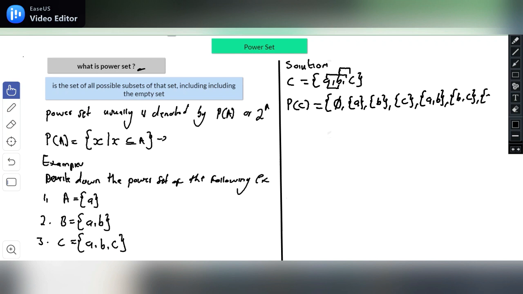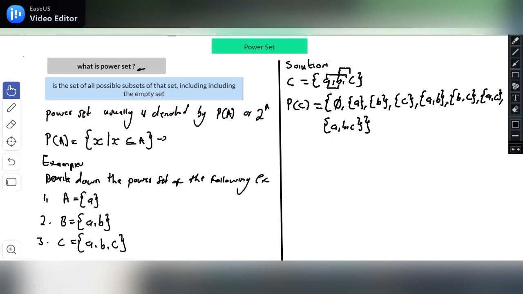I hope you can see it. But then we are not done. We are left with grouping all the elements. Therefore, the last one is {A, B, C}. Then we close the braces.